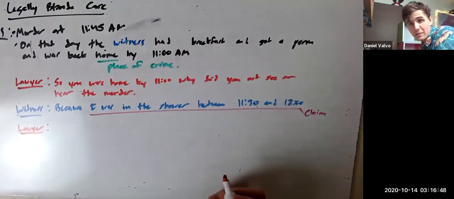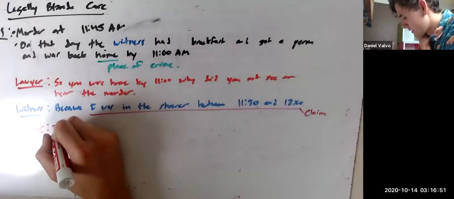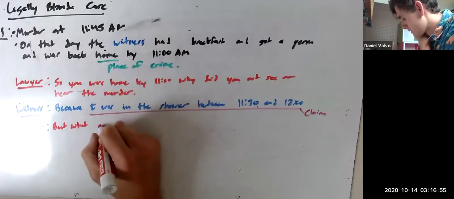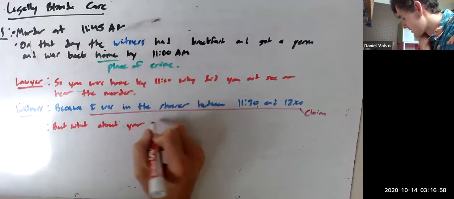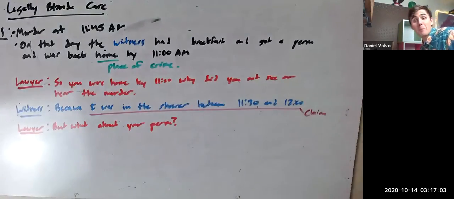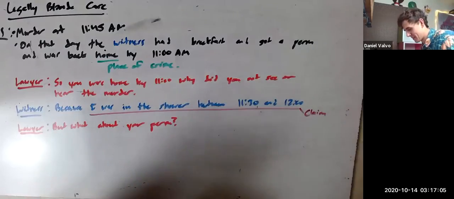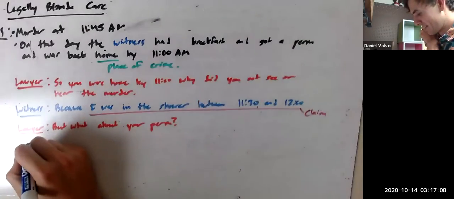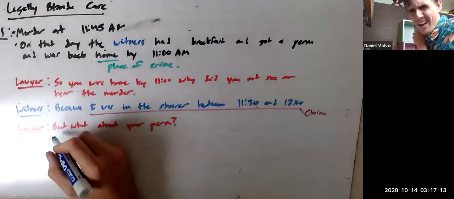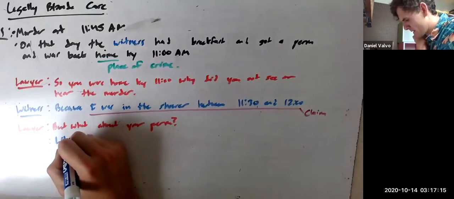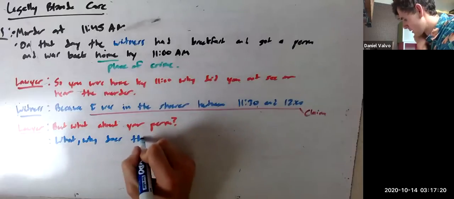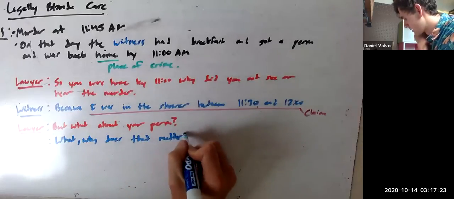So the lawyer says, but what about your perm? The witness says, what? I mean, what do you mean? Why does my perm matter?